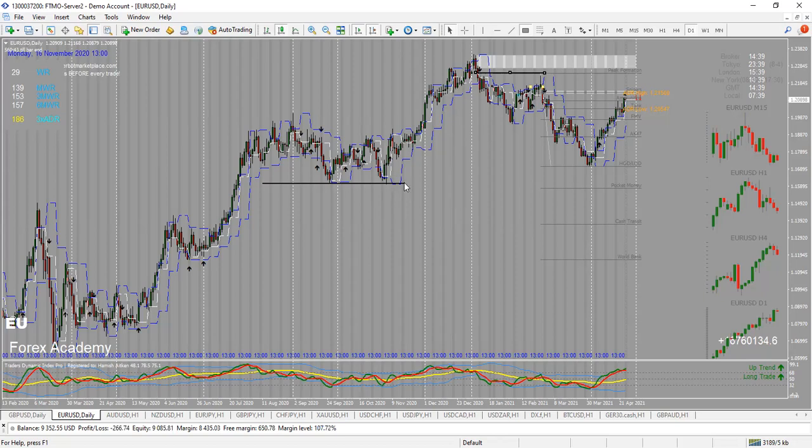Remember, I'm still bullish on this pair, but based on the liquidity around these zones, I'm looking for the market to come and test it, and then at least test this fair value gap before continuing with its trend.